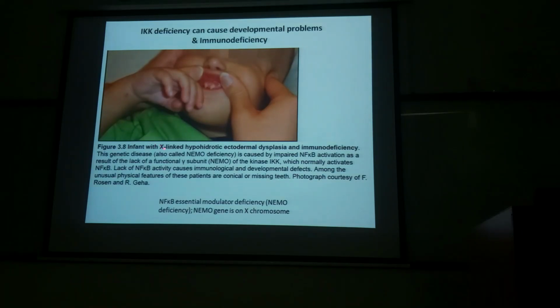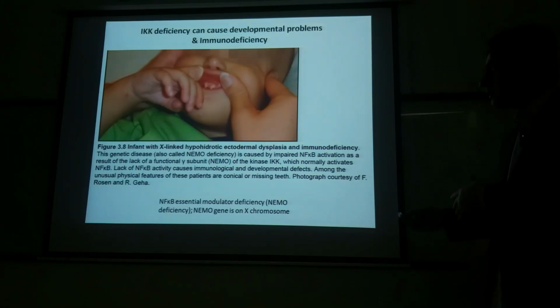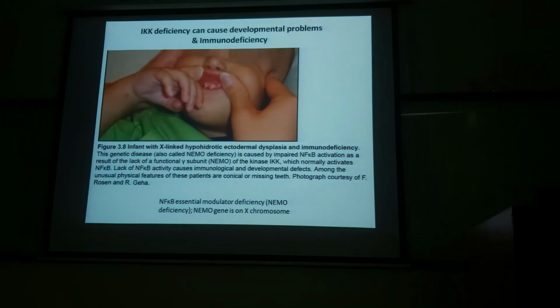This condition is called X-linked hypohidrotic ectodermal dysplasia. The genetic disease is also called NEMO deficiency. What is NEMO? NF-kappa beta essential modulator. We call it NEMO. NEMO genes are on X chromosomes, actually.